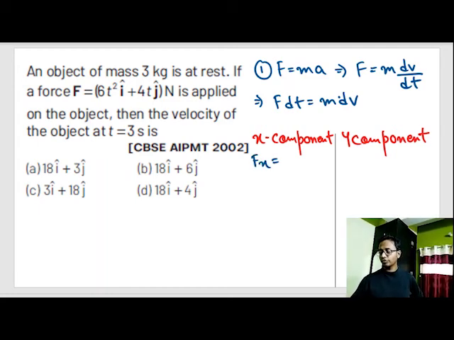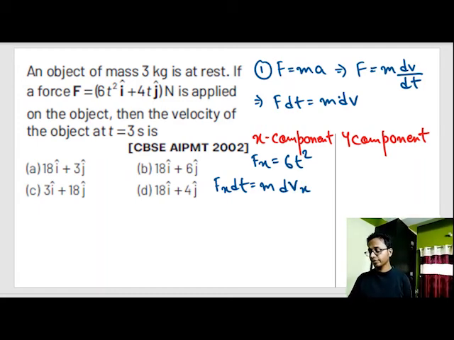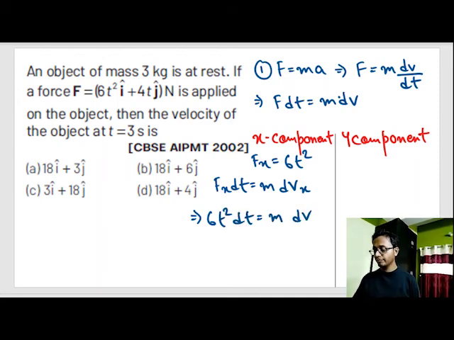The x component of force is given by 6t square. Therefore Fx dt is equals to m dvx, the change in velocity in x component, or 6t square dt is equals to m dvx.